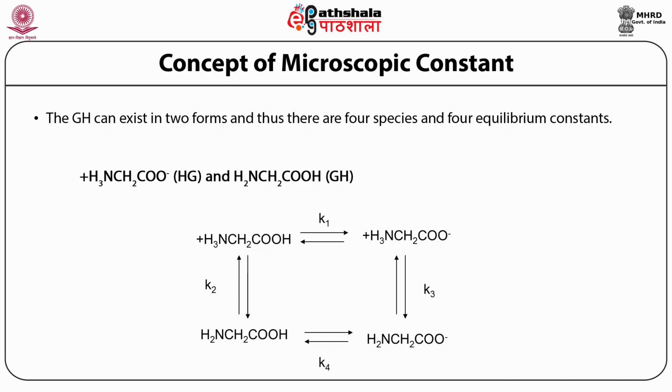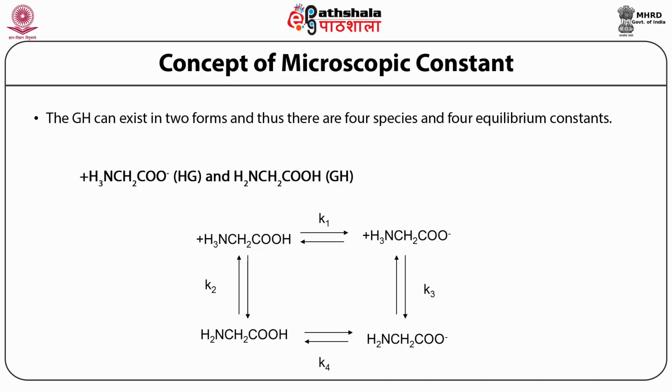There is another possibility that H can be lost from the NH3+ group, and in that case we get NH2CH2COOH, and the microscopic dissociation constant is, suppose, K2.